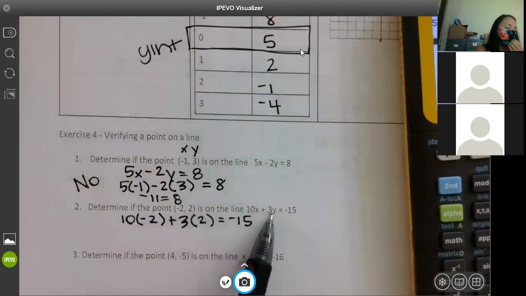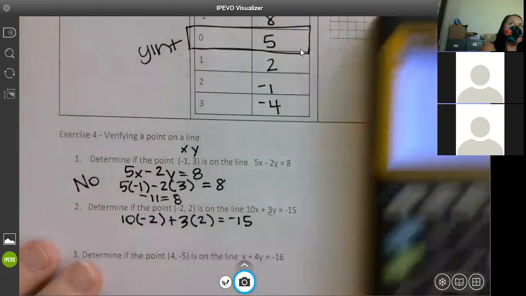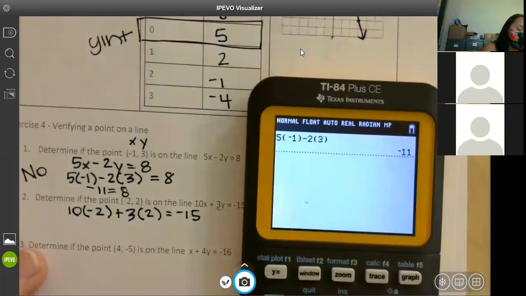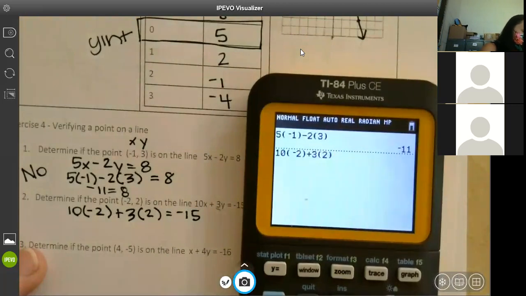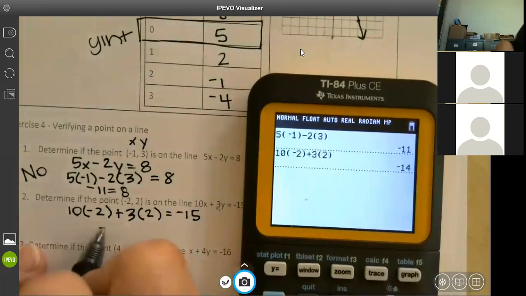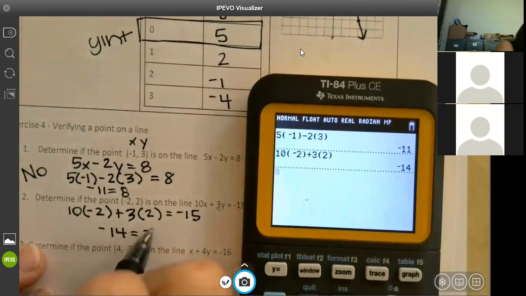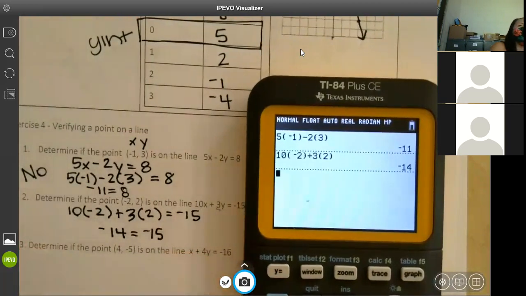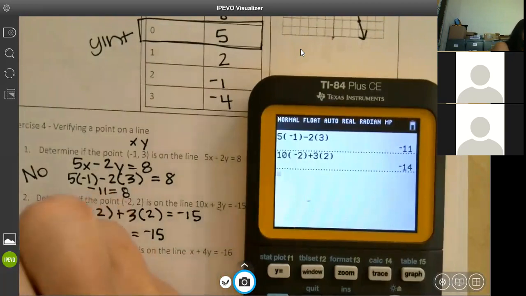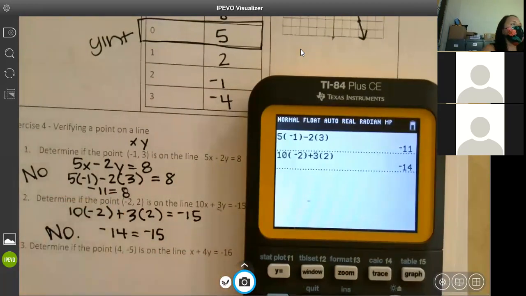I'm just plugging into this equation. Let's see if it gives us -15. I'm going to use my calculator. 10 times -2 plus 3 times 2 gives us -14. Are those equal? Then this point is not on the line.